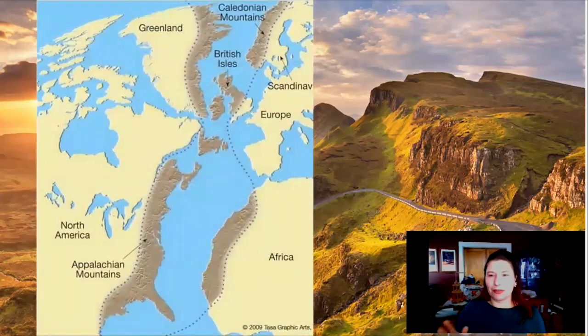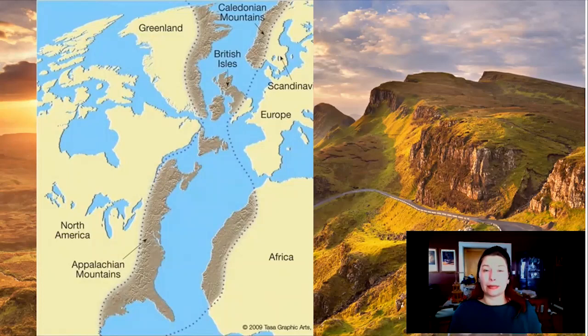Here's a little sample of one of the major concepts we'll be dealing with: the formation of the Appalachian Mountains. The Appalachian Mountains are one large piece of something called the Central Pangaean Mountains. When all the continents came together and collided to form Pangaea, we had mountain building going on, as happens today when continents collide.